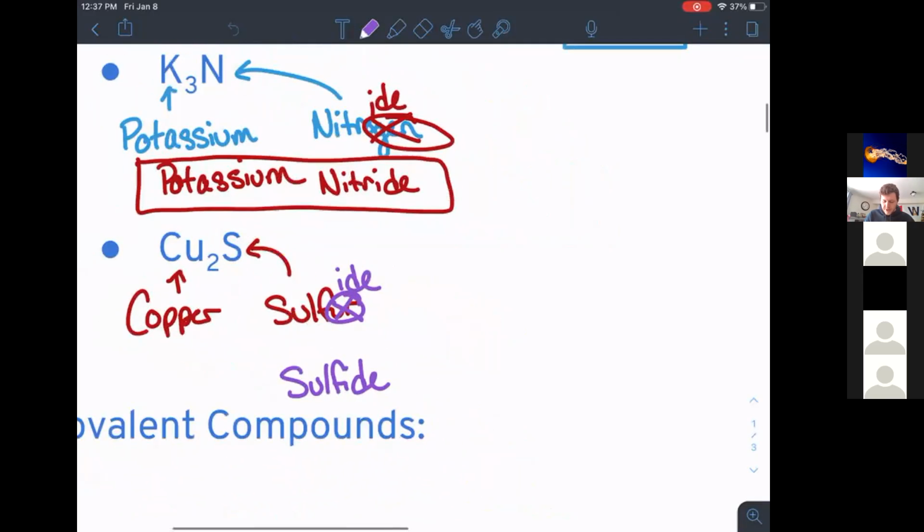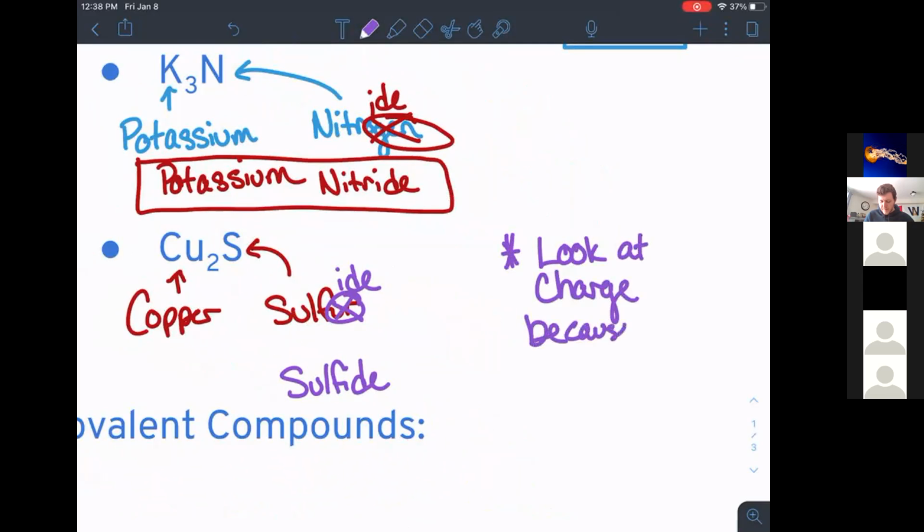So we have to worry about the charge because copper has two options. So it could have one valence electron or it can have two valence electrons.